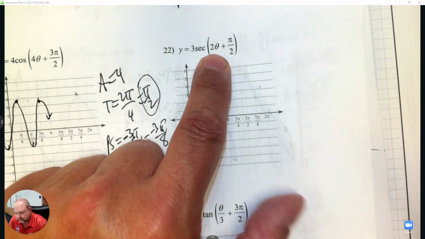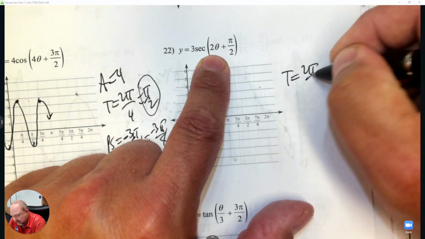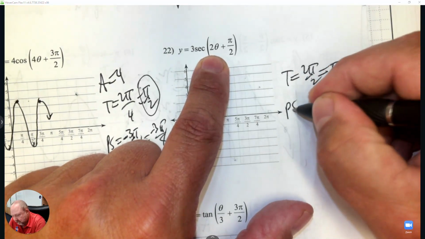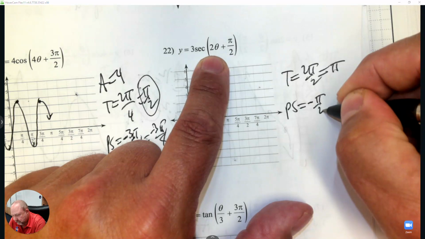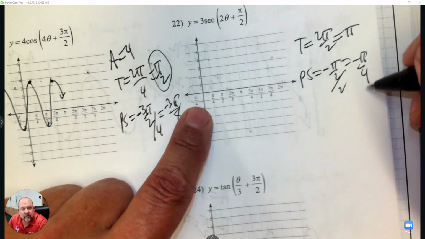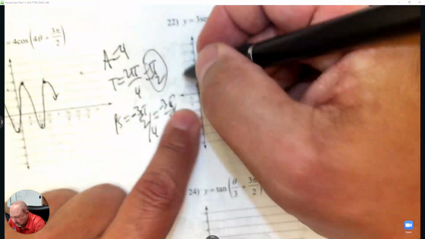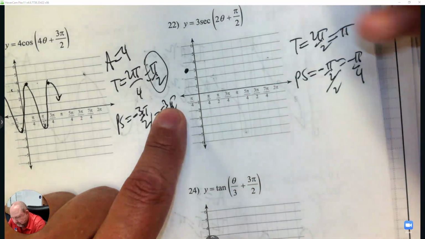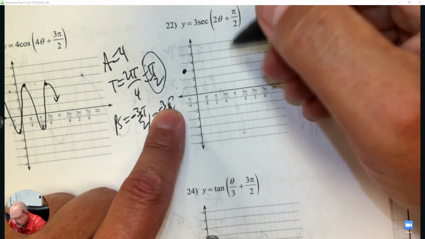22. The period is 2 pi divided by 2. The phase shift is negative pi over 2 divided by 2. So we're going to start with negative pi over 4 and an upper vertex at 3. And then we're going to go pi to the right.